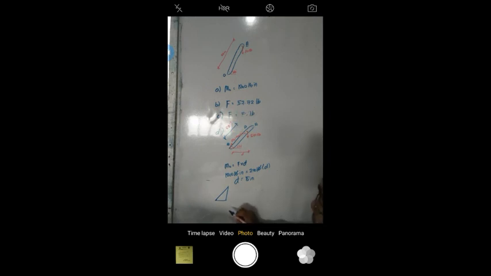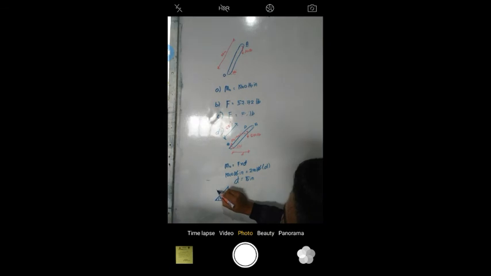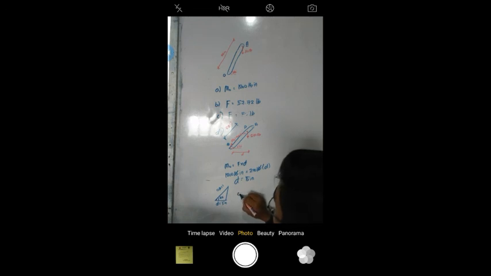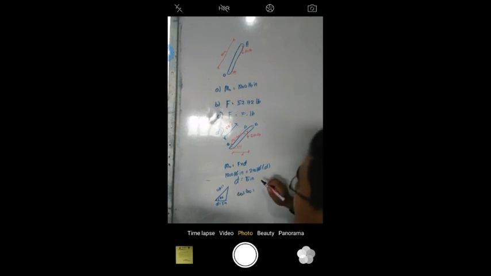Here we have 60 degrees, OB is what we are looking for, and we have the 5 inches for D. So is it tangent, cosine, or sine? As you can see, we will use cosine. Cosine 60 equals the adjacent, 5 inches, over OB.